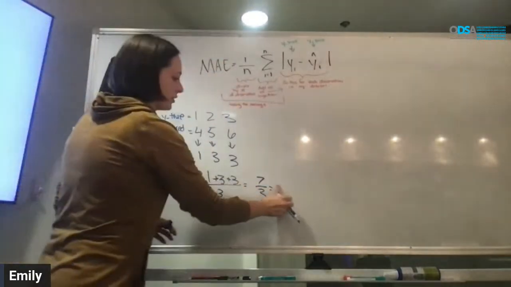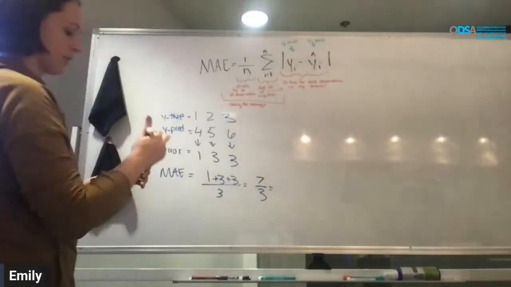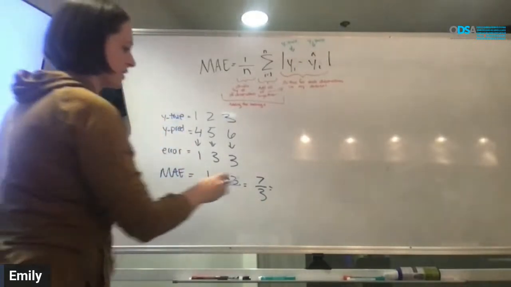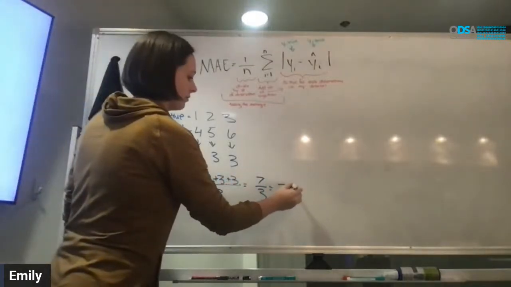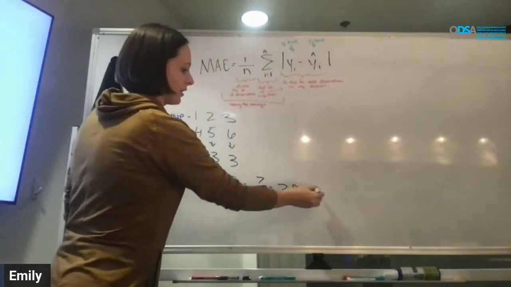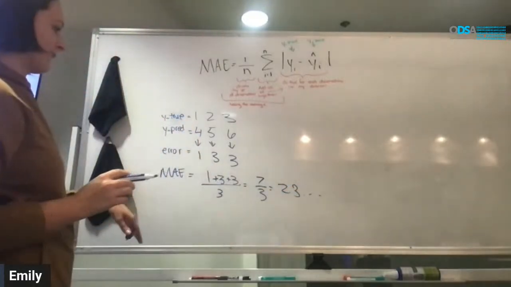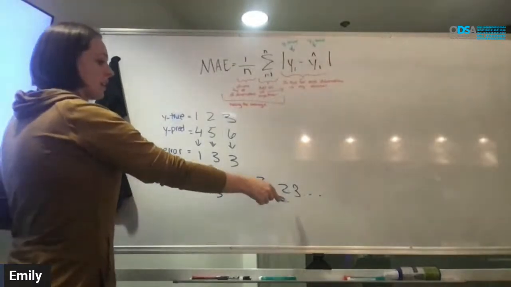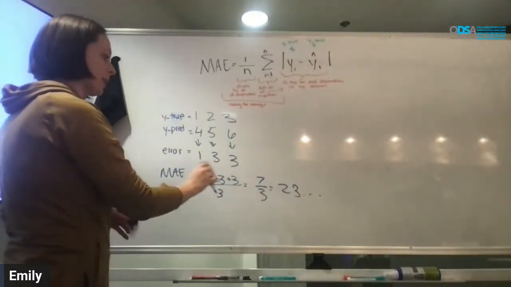It's not 3 anymore. What's 7/3? 2 point something, right? 2.3, something like that. I'm not sure exactly, but somewhere in there. So you can see that our error went from 3 to 2.3.